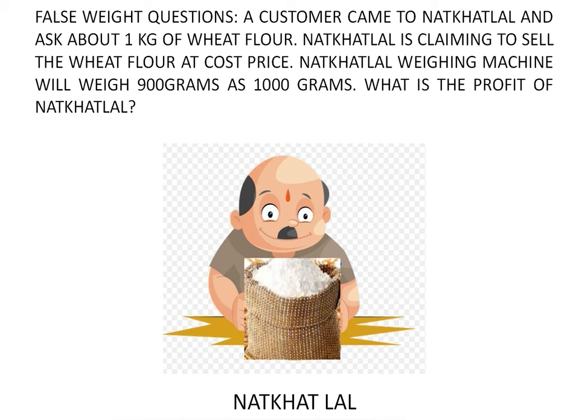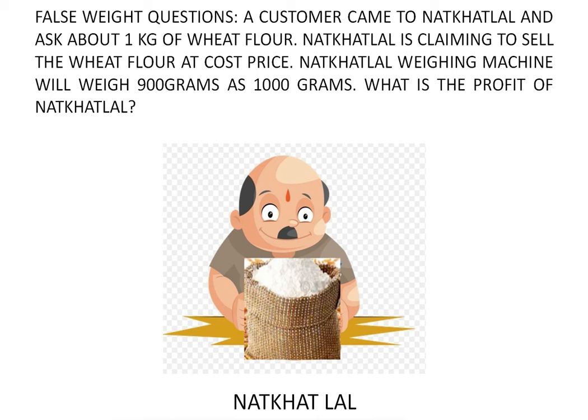So for every gram, we can consider that 1 gram is 1 paisa. So for 1 kg, the customer has to pay 1000 paisa, means 10 rupees he has to pay. But the shopkeeper is giving only an item worth 900 paisa, means 9 rupees.